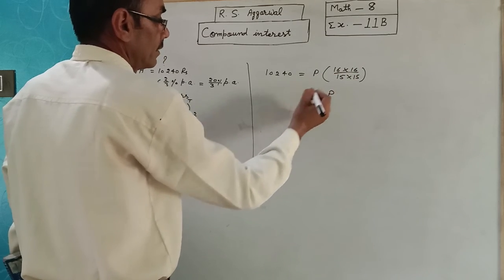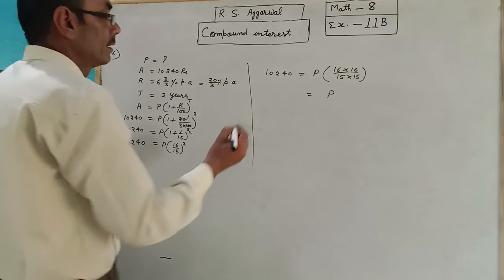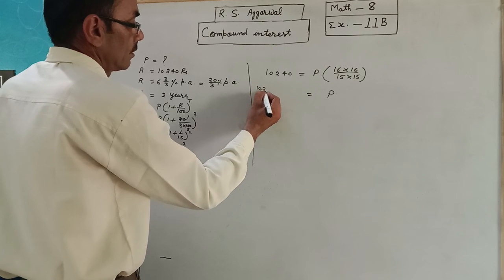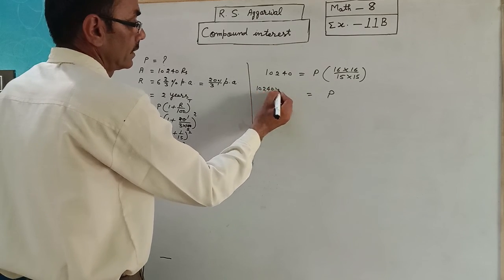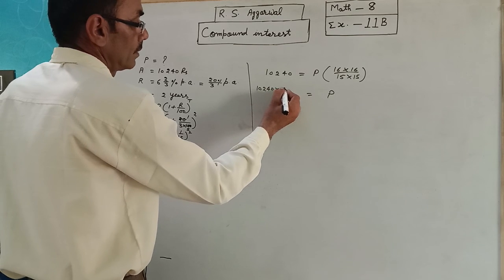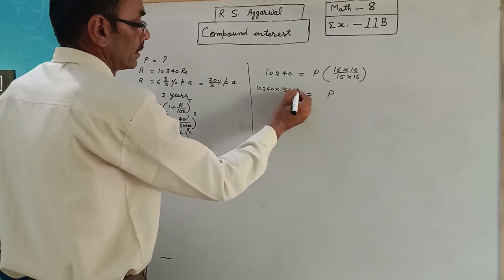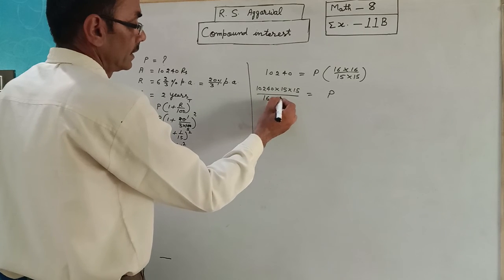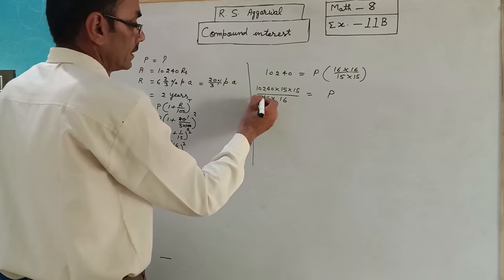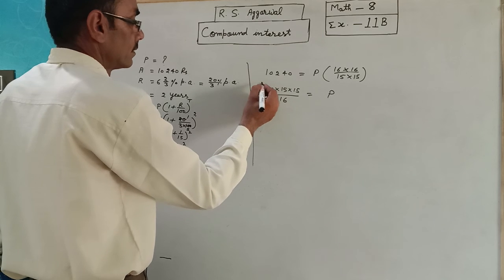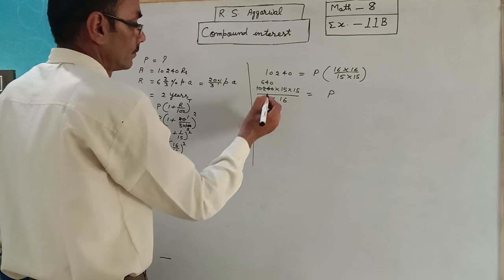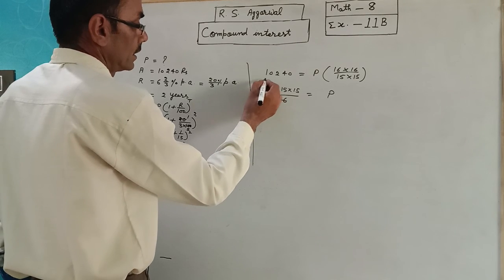Now we find the value of P. P will be 10,240. 15 will be in multiply, 16 will be divided. 16 6 and 4 0, 4.